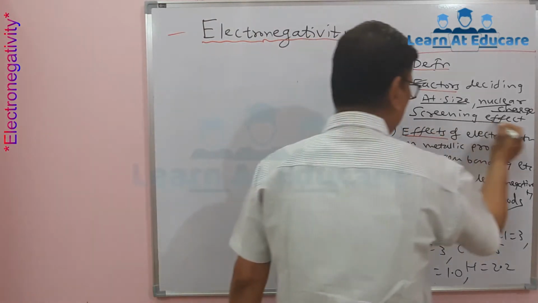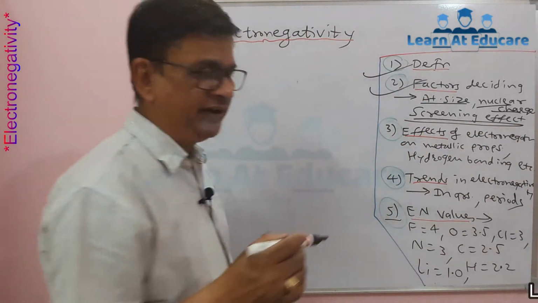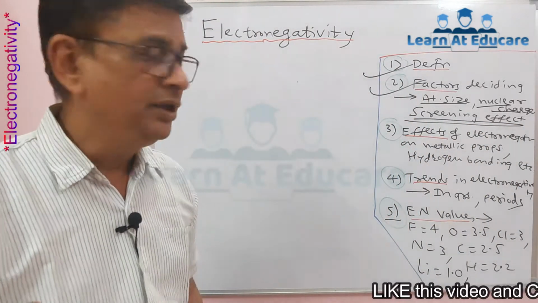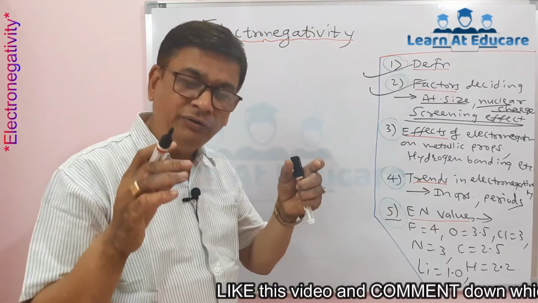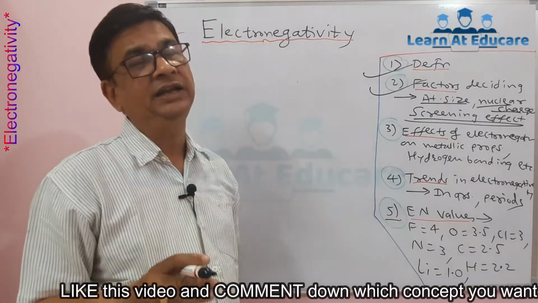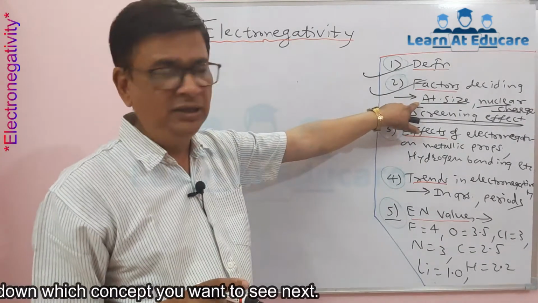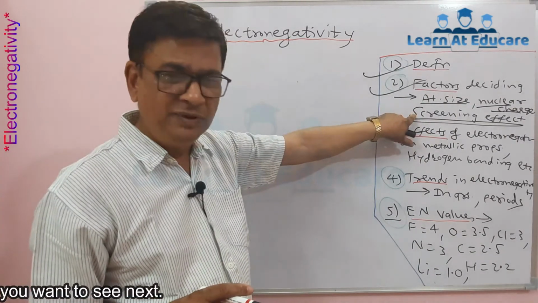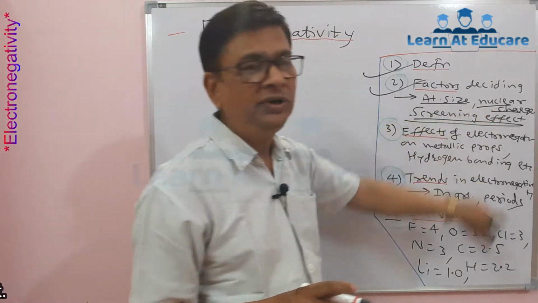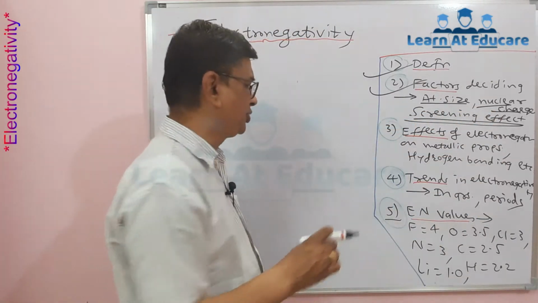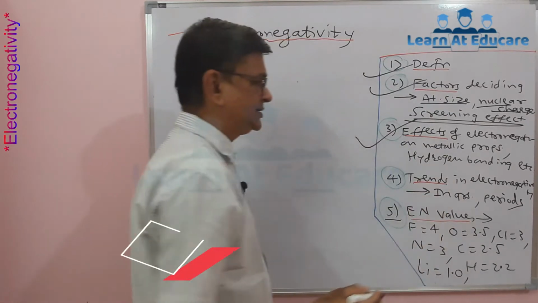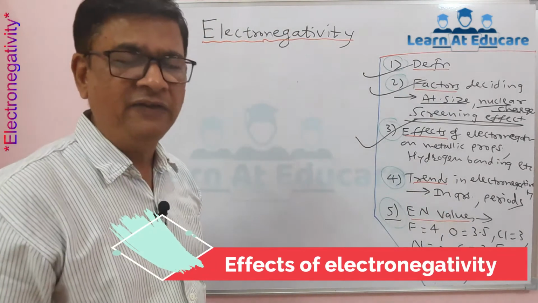If the screening effect, also called the shielding effect, increases, electronegativity value always decreases. That means it is inversely proportional to atomic size, inversely proportional to screening effect, but directly proportional to nuclear charge.